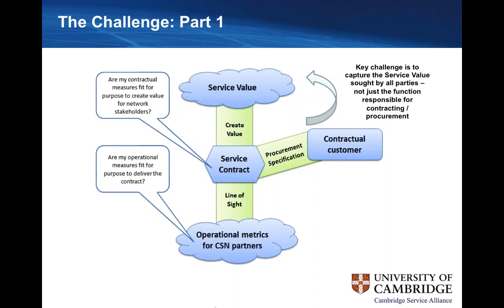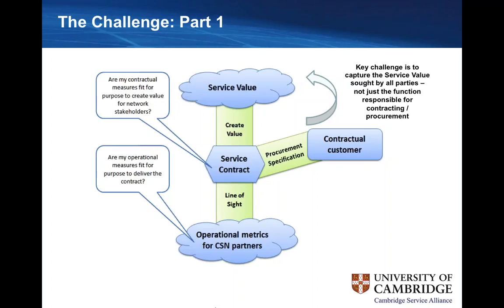Often you will get a part of the Ministry of Defence, Abbey Wood, that will define the procurement specification and say this is what the service should be, but then another part of the MOD will receive the service, so the Portsmouth Naval Base or one of the Air Force bases, Marham or wherever. So you end up with this slightly complicated situation where the contract is driven by one part of an organisation, and a different part receives the service.